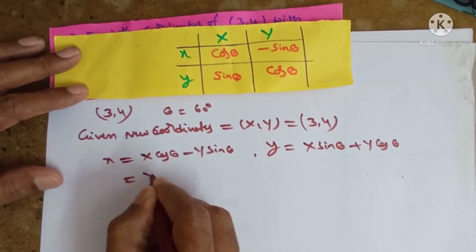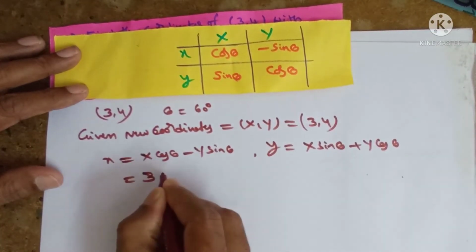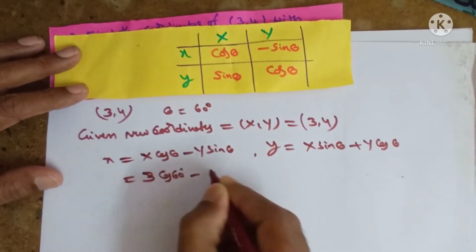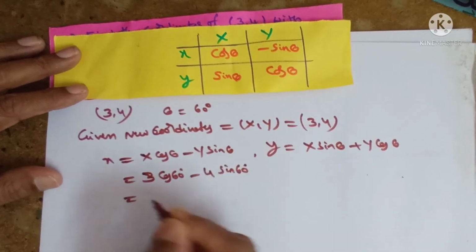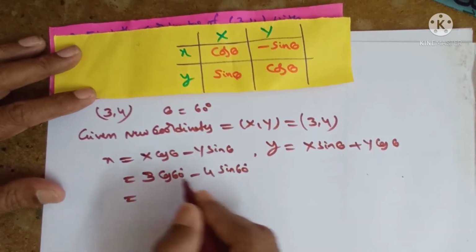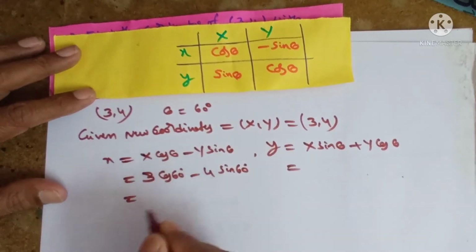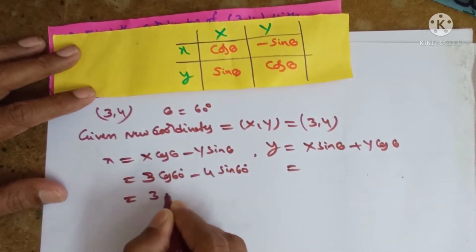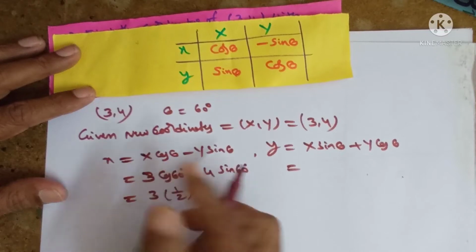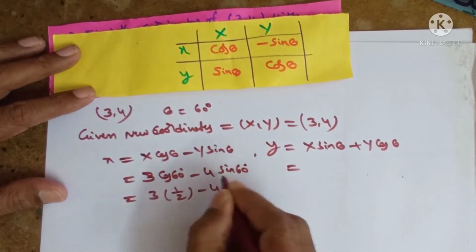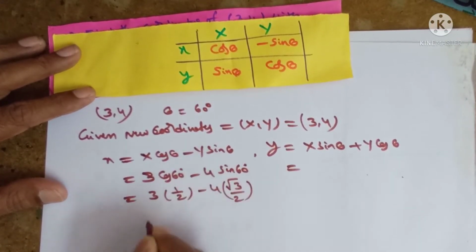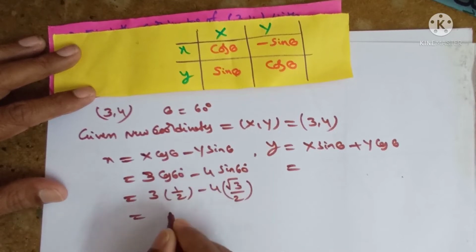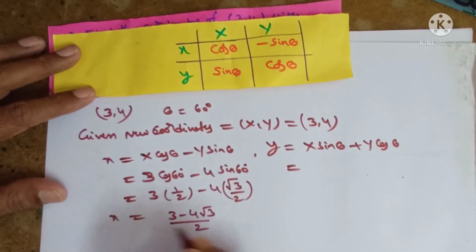This is equal to, x means 3 cos 60 degrees, y means 4 sin 60 degrees. Cos 60 is equal to sin 30, and sin 30 means 1 by 2. This is sin 60, root 3 by 2. LCM is 2: (3 minus 4 root 3) by 2. This is the value of x.